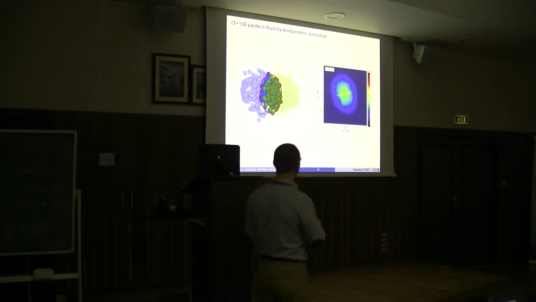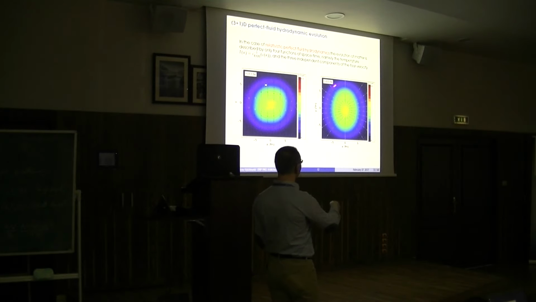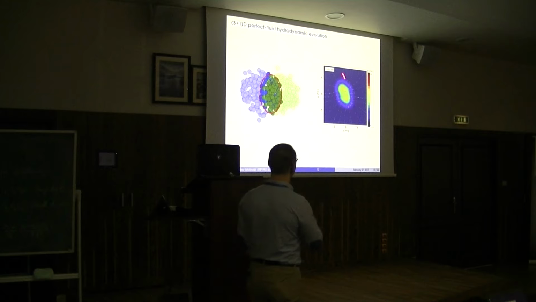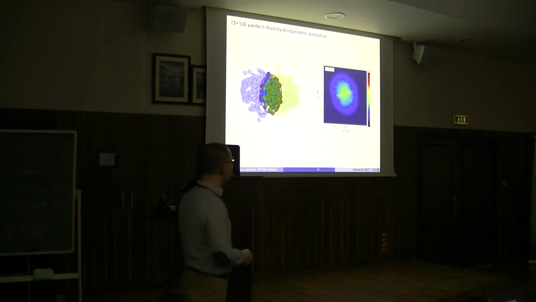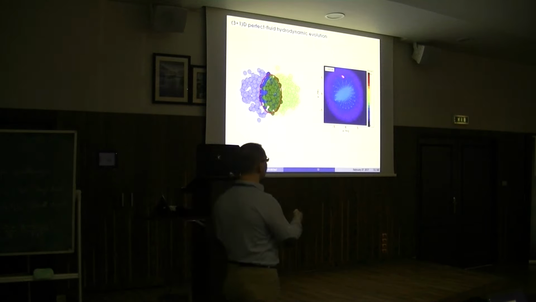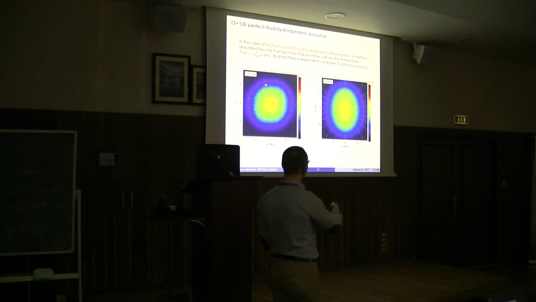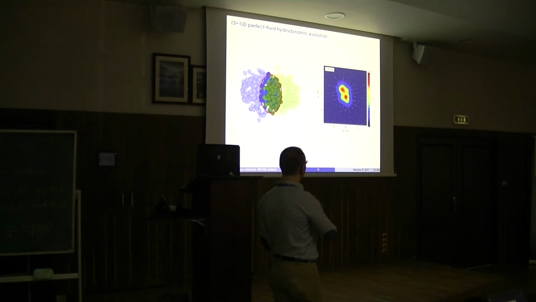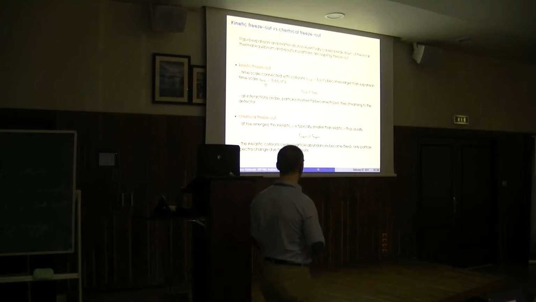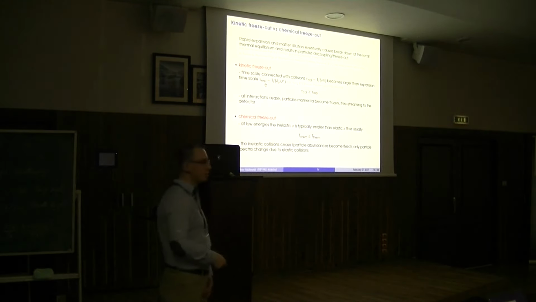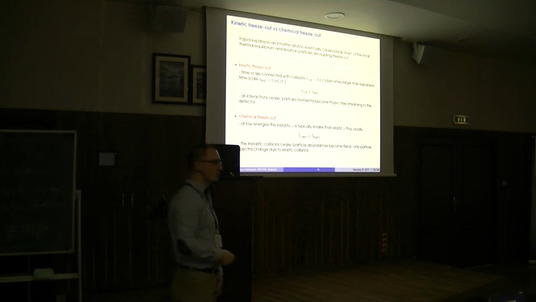So instead of a perfect ellipsoid, you get something like this, and even more, it doesn't have to be elongated along the y direction, which in this case was the direction perpendicular to the reaction plane, but it can be rotated due to the randomness of the positions. But this was only a comment in order to keep some picture in mind.